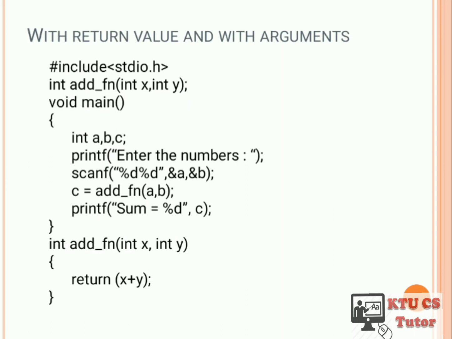Then inside the main program we need to pass the values, right? So we need to read the values, and after that whenever the function is called, this function call should pass a and b, and also it should return a value that is stored in c, and this c will be printed inside the main function.